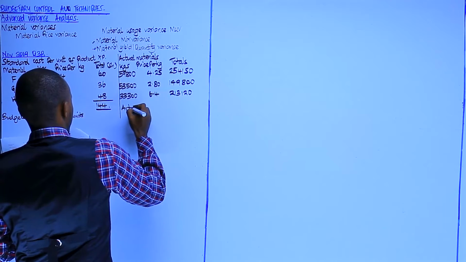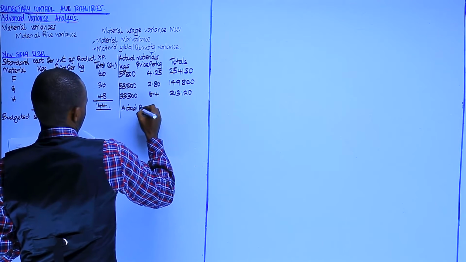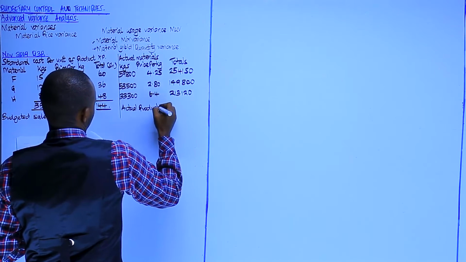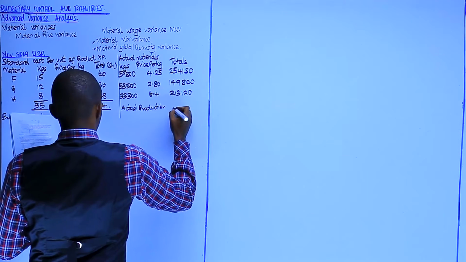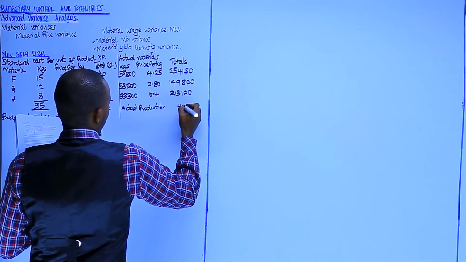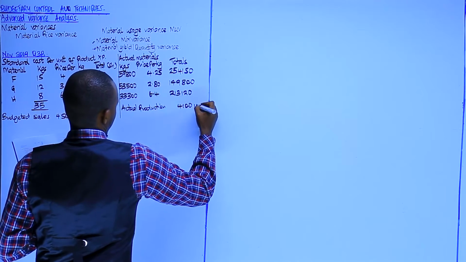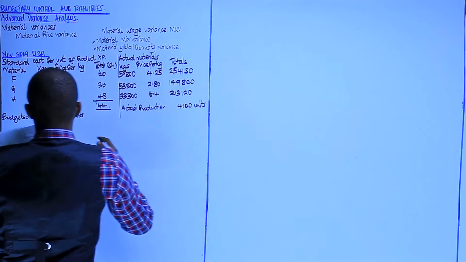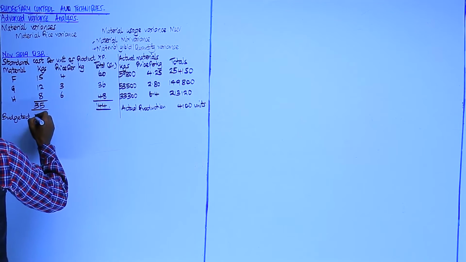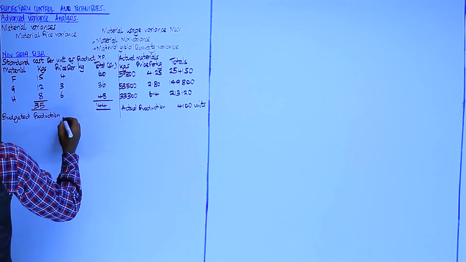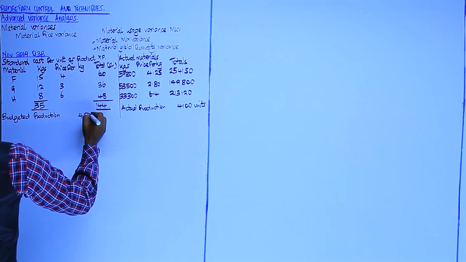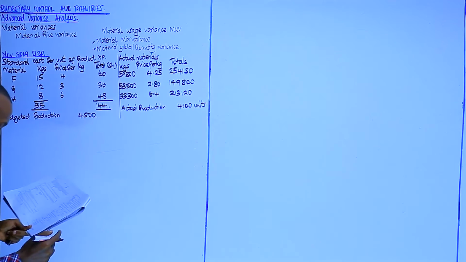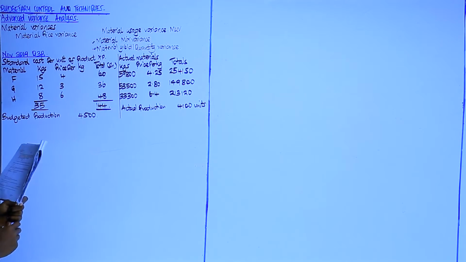Your actual production and sales is 4,100 units. This is your budgeted production, 4,500. Let's start with the first variance.